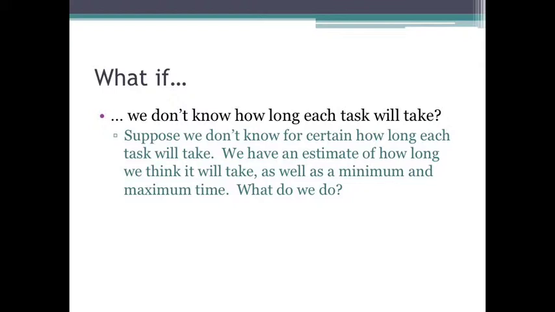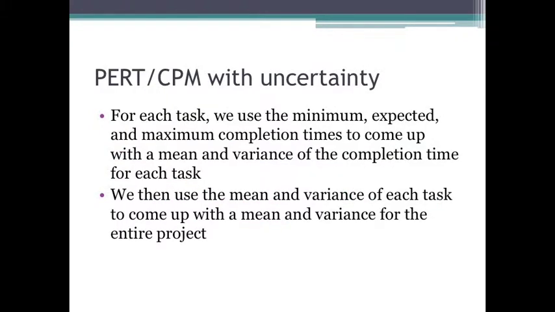How do we calculate PERT CPM when there is uncertainty, when there is variation within the amount of time that a task takes? So, for each task, we take that minimum, expected, and maximum completion time, and we convert it. We come up with a mean task time for that task.